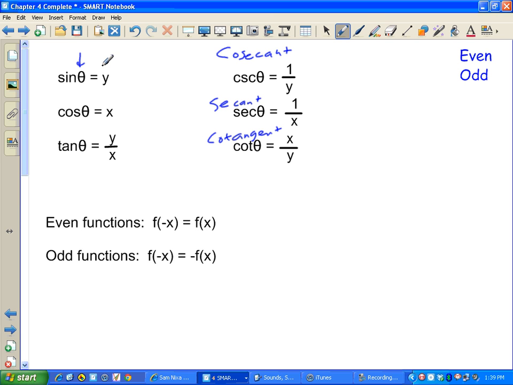It's easy to remember which one goes along with which, because every reciprocal pair only gets one co. So this is sine, which doesn't have a co in front of it, so it goes with the cosecant, because together they get one co. This is cosine, so it has a co, so it goes with the one that doesn't have a co. This is tangent, it doesn't have a co, so it goes with the cotangent.